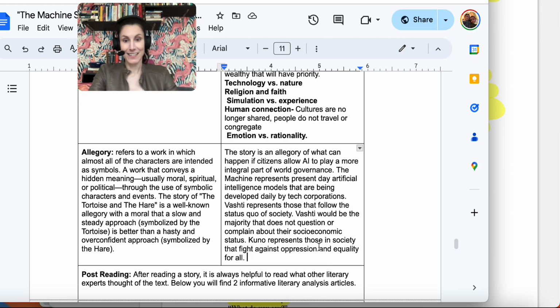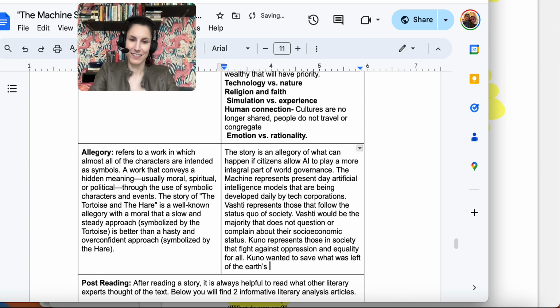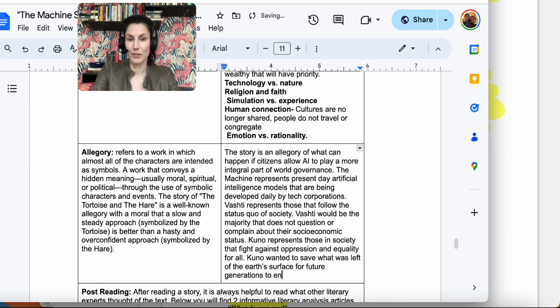So oppression, equality for all. Kuno wanted to, we could say, save what was left of the Earth's surface for future generations to enjoy.